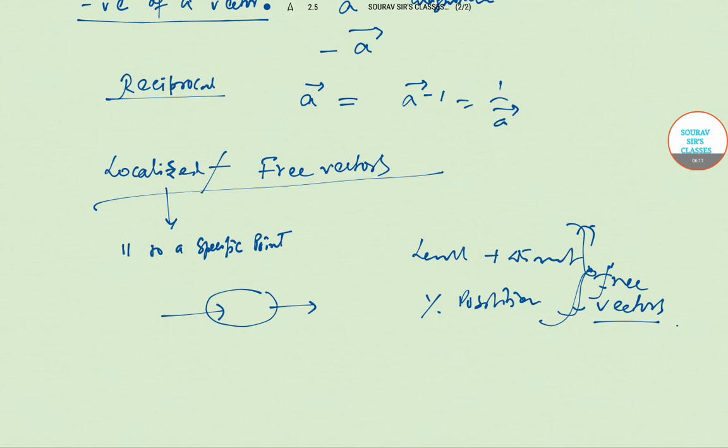We will be dealing with many free vectors unless otherwise stated, and thus a free vector can be taken anywhere in space by choosing an arbitrary initial point, and we can proceed.